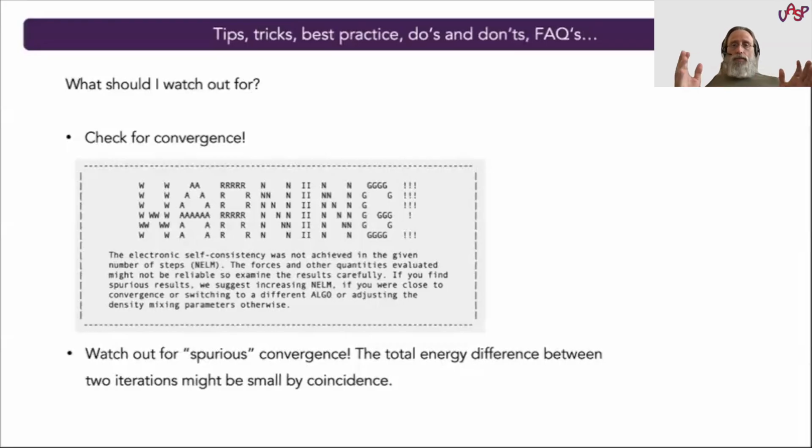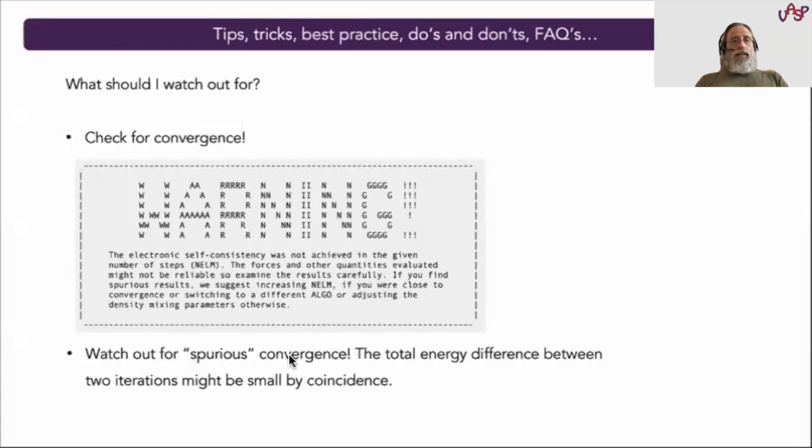If you have not set NELM, it will be 60. This is the default. If you see in your OSZICAR file that the last iteration is iteration 60, then you should worry. In many cases this means it has not reached the convergence threshold. It might still be sufficient, obviously, depending on what you have set for EDIFF, but check for it.